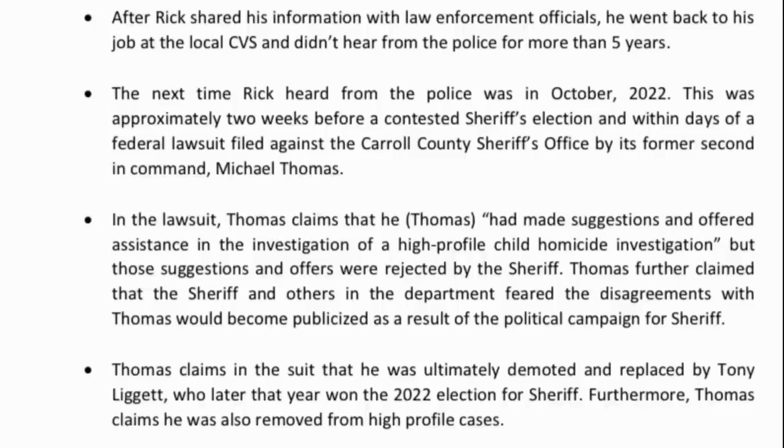This was approximately 2 weeks before a contested sheriff's election and within days of a federal lawsuit filed against the Carroll County Sheriff's Office by its former second-in-command, Michael Thomas. In the lawsuit, Thomas claims that he had made suggestions and offered assistance in the investigation of a high-profile child homicide investigation, but those suggestions and offers were rejected by the sheriff.